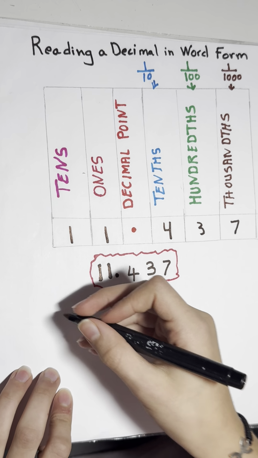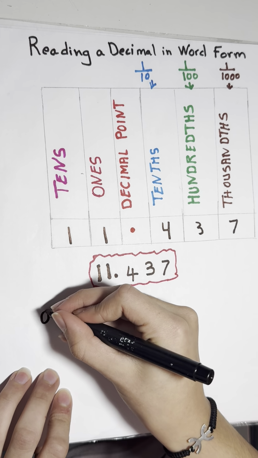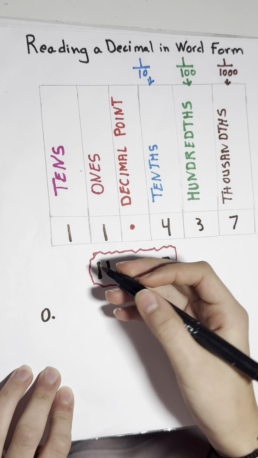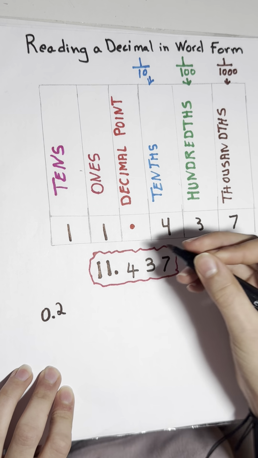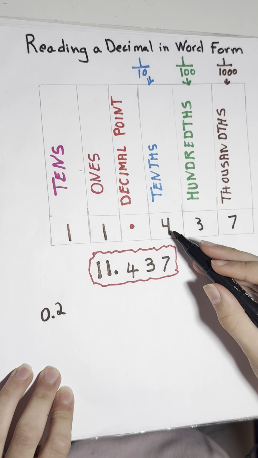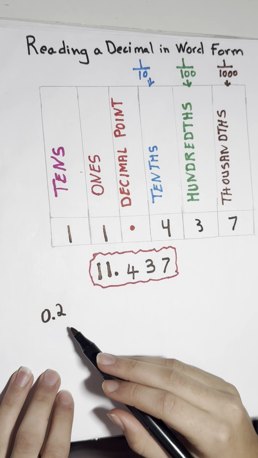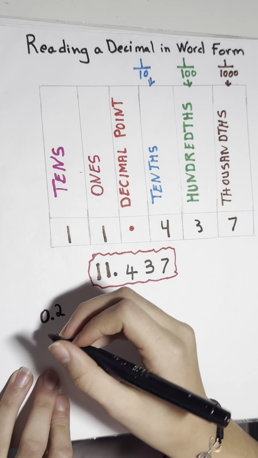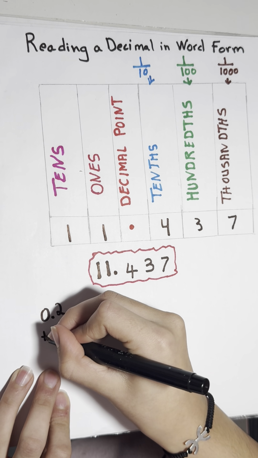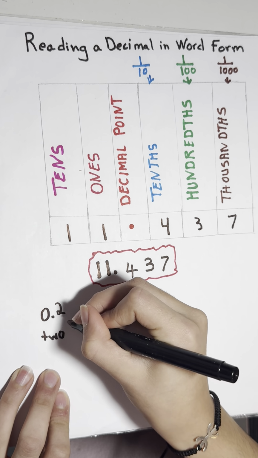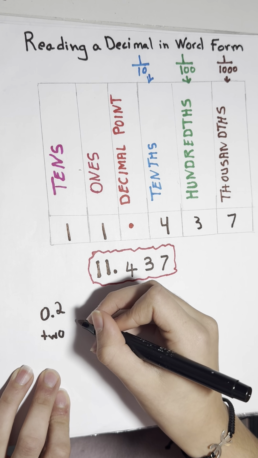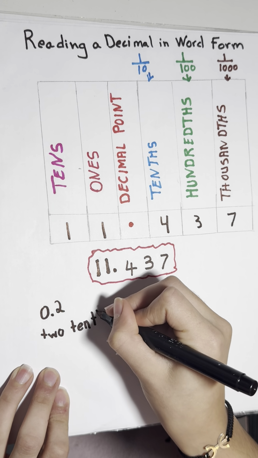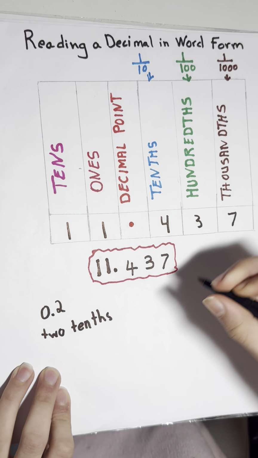Okay, let's do 0, and then this is called and, right? And then a 2. And the 2, we learned, is in the tenths place. So the 2 is called, if you write it down, 2 tenths.